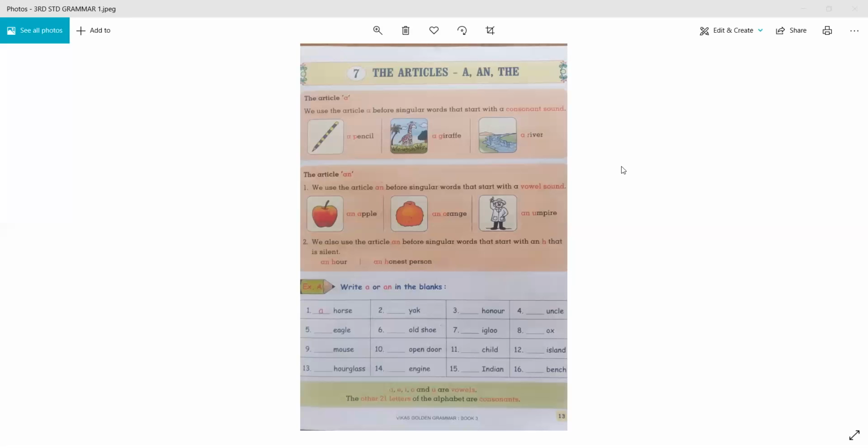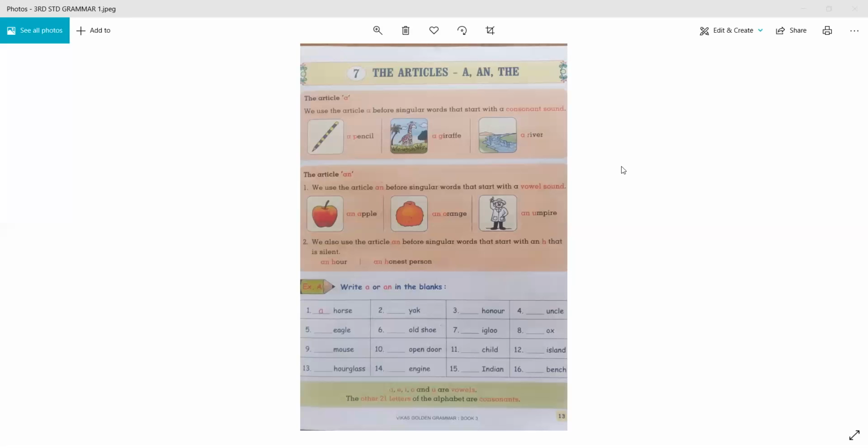here we have to move a little bit in a base language, that is a singular word. Like in this picture, as before starting the grammar part articles, I said you look at the pictures carefully. The first one is a pencil, a giraffe, a river. Why are we using the letter A?